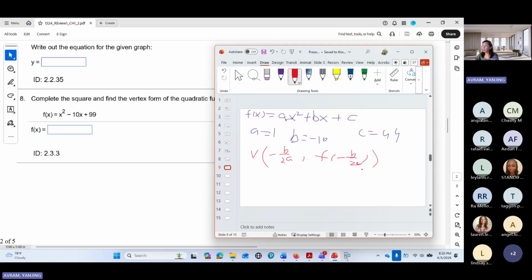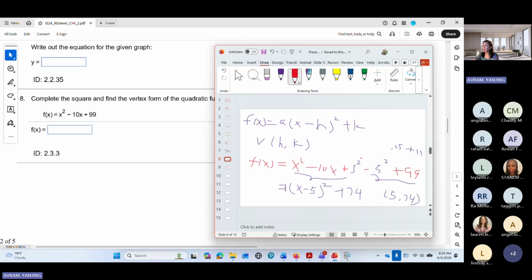So I can calculate this one for you. My vertex x, or my h here, is negative b, where b is negative 10, over 2 times a, where a is 1. Negative and negative make positive, so that's 5. So my vertex x here is 5.